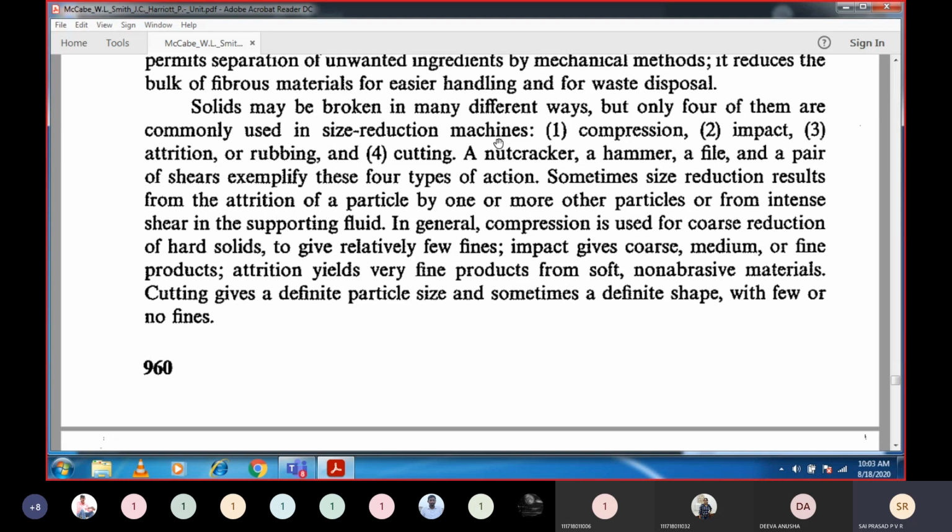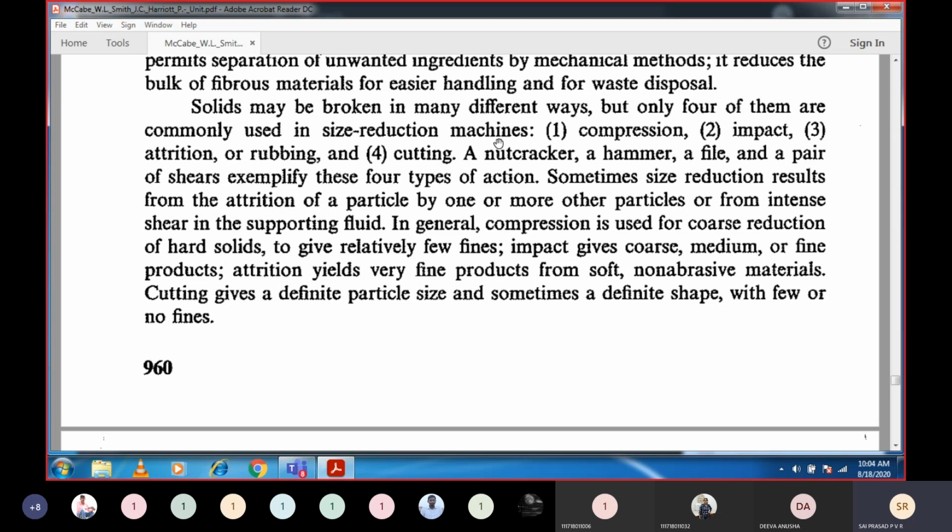You can file it, you can create threads, whatever you can do. First, the machine should try to nip the particle, and then after nipping, it will apply the force. If it is not nipping, what will happen? There is a chance that the particle may fly off, and then the applied force may go futile or useless, and energy consumption increases. So hence, the first method of crushing a particle is by applying compressive forces.